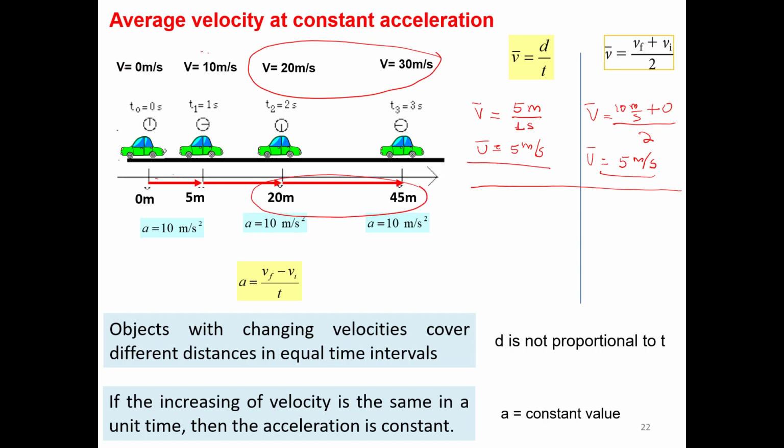Let's use first the distance over time equation. For the distance, 45 minus 20 will be 25.